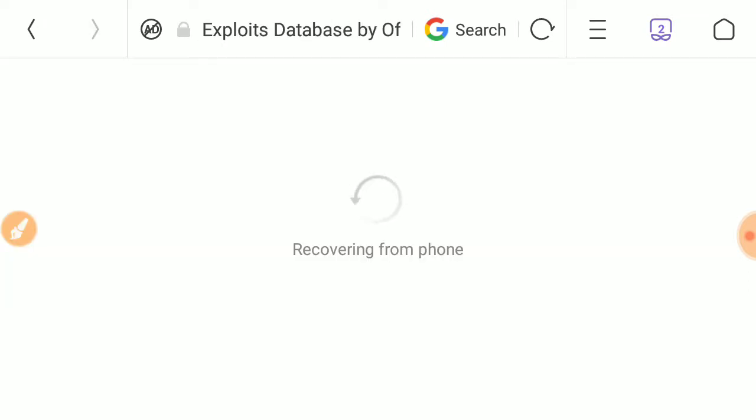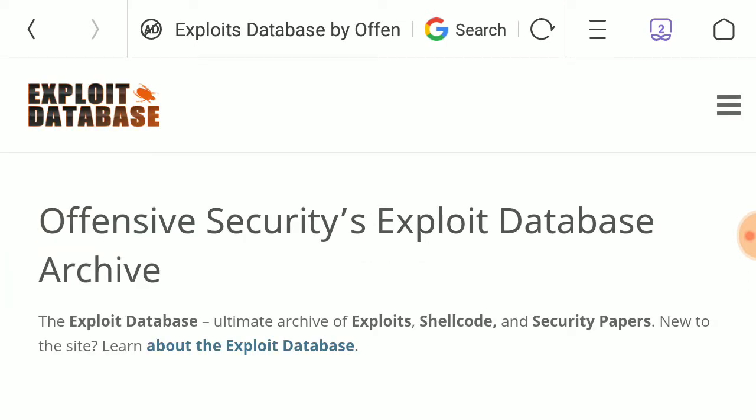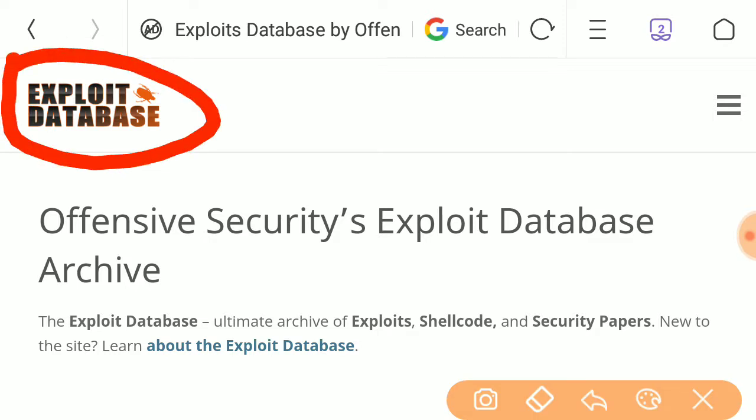Now, this is the exploit database, and an exploit is basically a piece of code which a researcher or hacker develops after he discovers a vulnerability in a system. He then uses this exploit to hack a system that contains that vulnerability.